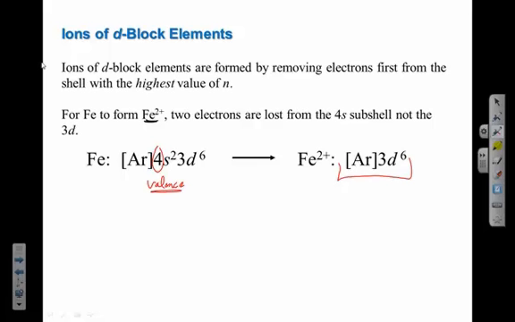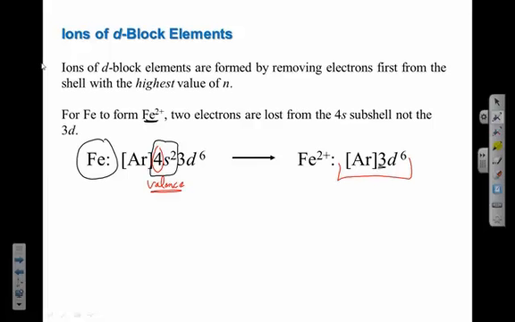How many valence electrons does an Fe2+ have? First of all, how many valence electrons does an Fe have? Two. The fourth level is the valence level, and there are 2 electrons in that level. If I remove those 2 electrons, the fourth level is not the valence level anymore because there are no electrons in it. The highest level that actually has electrons now is level 3.